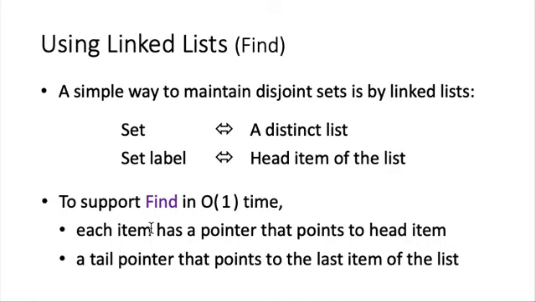Each item in the set will have an extra pointer that points to the head item. And then we also have a tail pointer that points to the last item of the list. In such a case, we can do something that is fast later for the union operation.